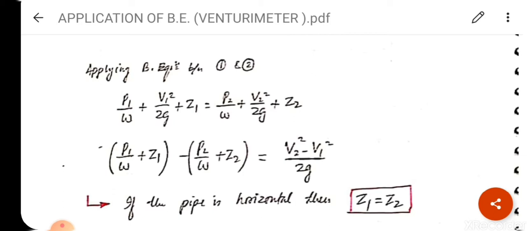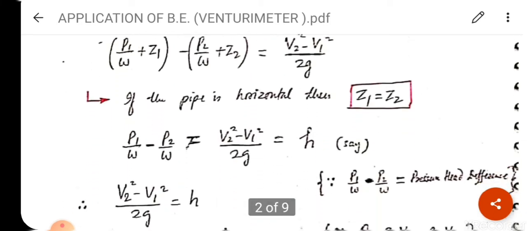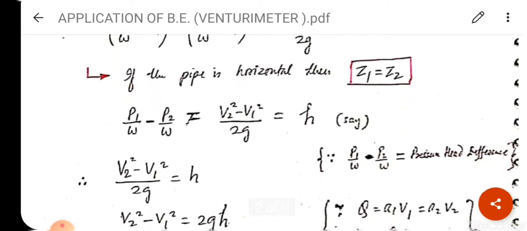If the pipe is horizontal, then Z1 is equal to Z2, so it will cancel out. The final expression will be P1 by W minus P2 by W is equal to V2 square minus V1 square upon 2G. Say this value is H, which is nothing but the pressure head difference.